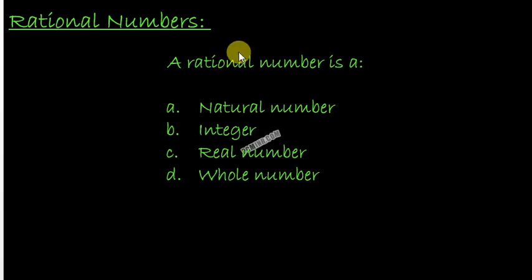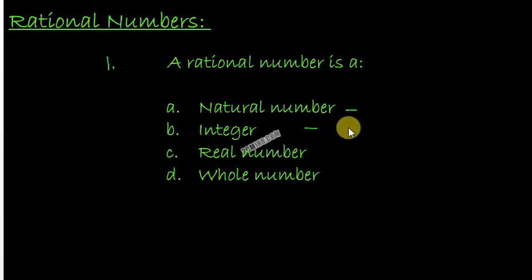My first question here is: a rational number is a natural number, integer, real number or whole number. So you have to pick one option. See, if you look at natural numbers, it's only 1 onwards. So the negative integers are not a part of it. So this option is not correct. If we say integers, yes, that is correct.